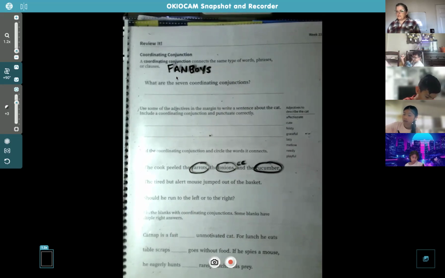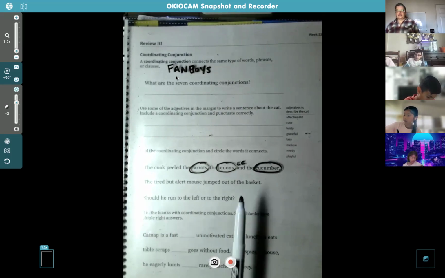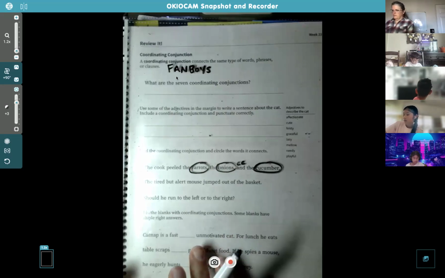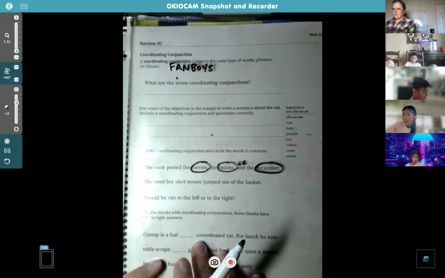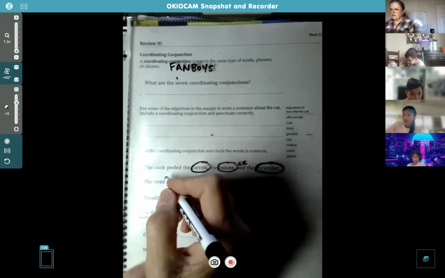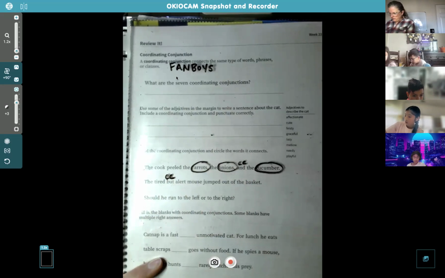How about the next sentence? London, go ahead and read the sentence and tell us where the CC is. The tired but alert mouse jumped out of the basket. And what is the CC? But. Good. And what is it connecting?